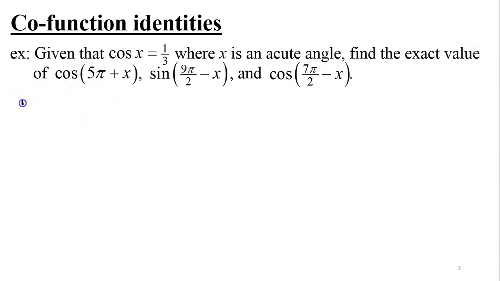So over here, let's just start with the first one as a quick recall on the previous lesson. We know that the associated arcs are those in terms of negative alpha and pi plus or minus alpha. However, you notice here that I have a 5 pi. I do not have a 1 times pi.